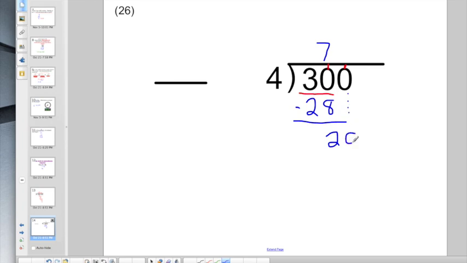And I'm at the second time through for dividing. 20 divided by 4. 4 times what gets me close to 20? That's got to be 5. Multiply that back. 5 times 4 is 20. And that's going to subtract for 0. So you don't have a remainder yet.